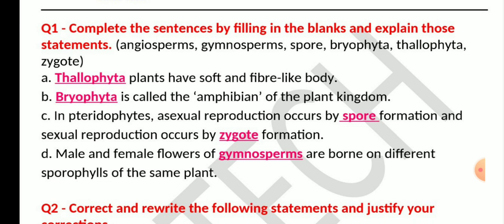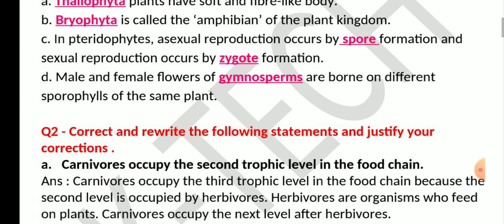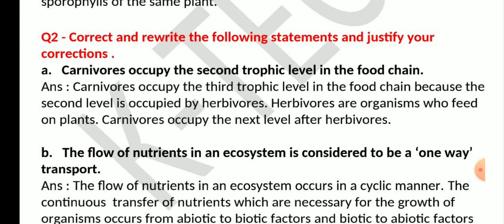Next, male and female flowers of dash are borne on different sporophylls of the same plant. Yes, it is gymnosperms. So these were the fill in the blanks. Understood?